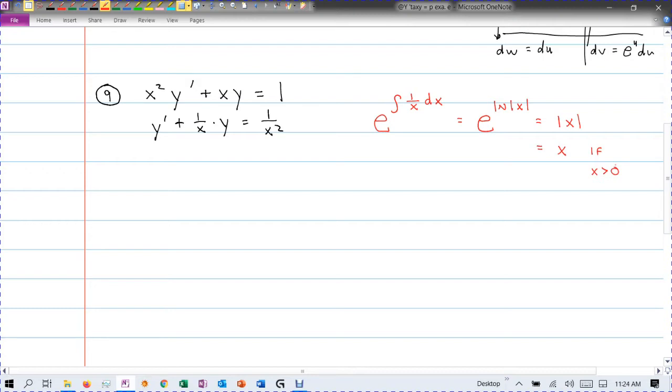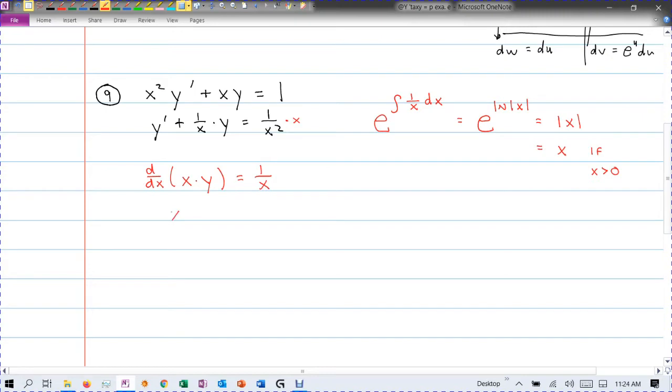Now we come back over here and multiply both sides by the integrating factor. The left side becomes d dx of x times y. That's pretty clean. On the right hand side, we multiplied this side by x, so we just get 1 over x. Then we integrate both sides.